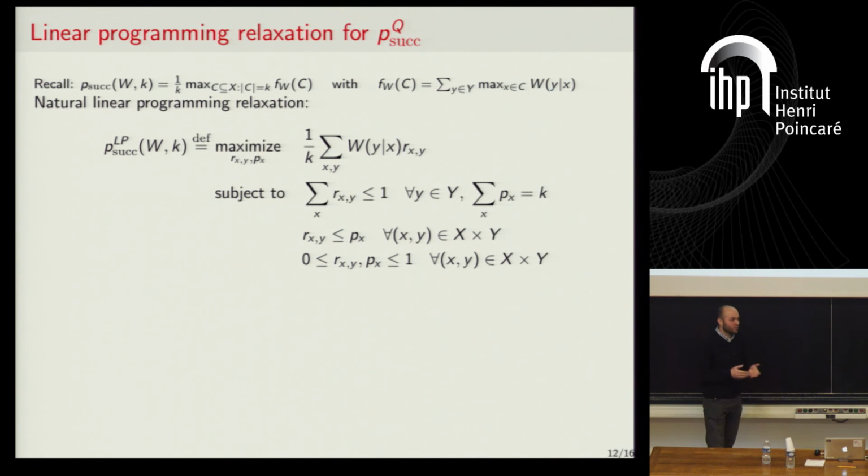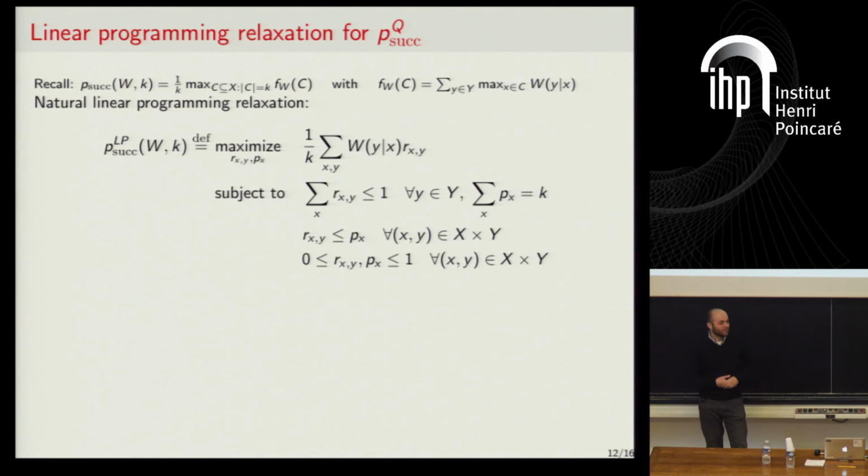A natural way of obtaining good upper bounds is to define a semi-definite or linear programming relaxation. If you look at the problem of optimizing FW, there is a natural LP relaxation.